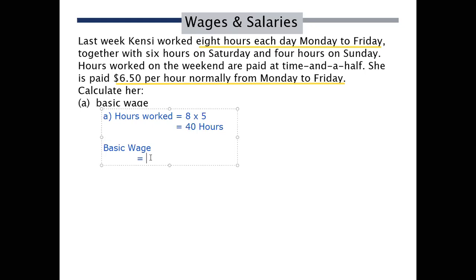Now I can easily calculate her basic wage, because I'm going to multiply the amount of hours she worked, which in this case is 40, times the amount of money she's paid per hour, which is $6.50. So for this week in total, she made $260.